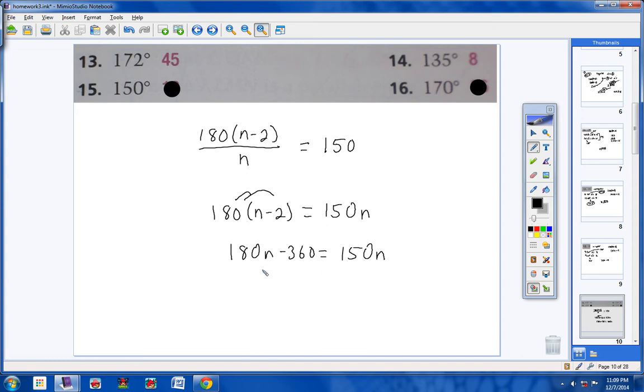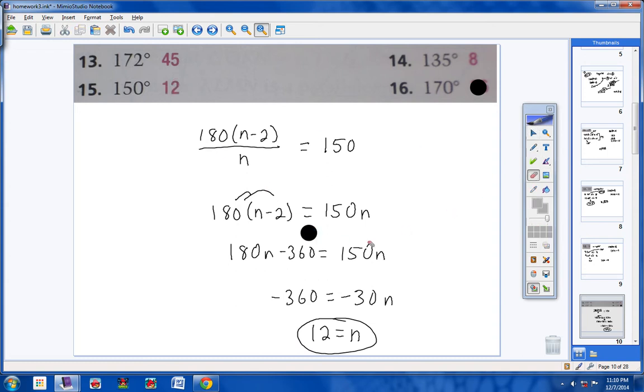Bring your 180 over, make it negative. 150 minus 180 is negative 30. Now we have 360 divided by 30 would be 12. 12 equals n. So this polygon has 12 sides.